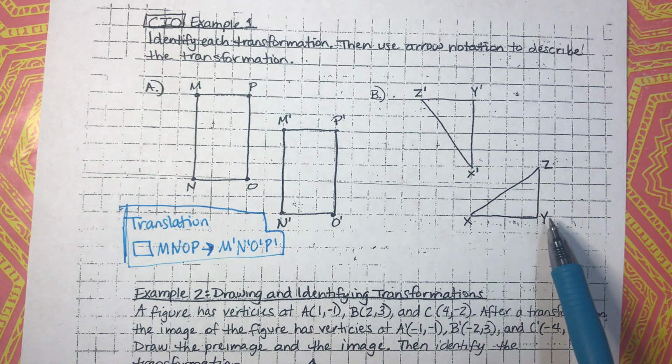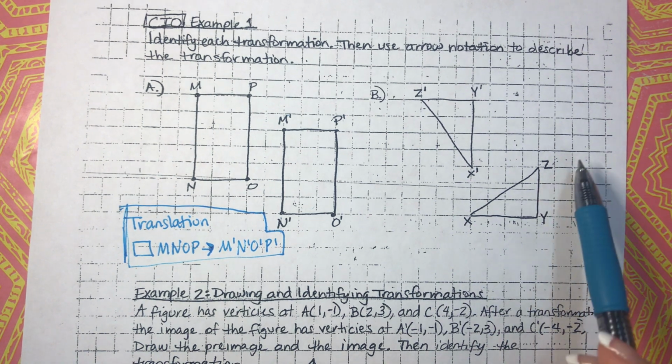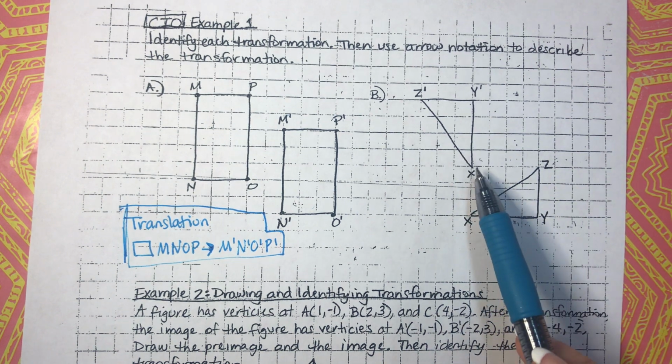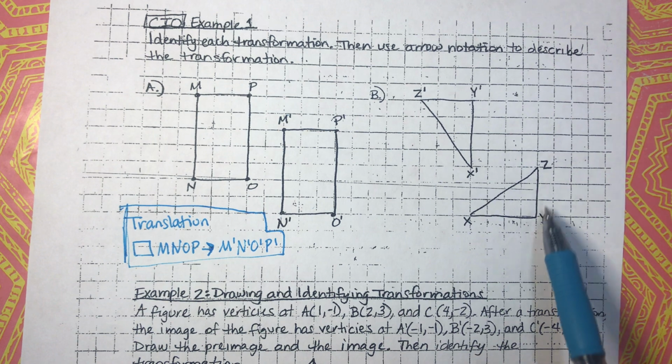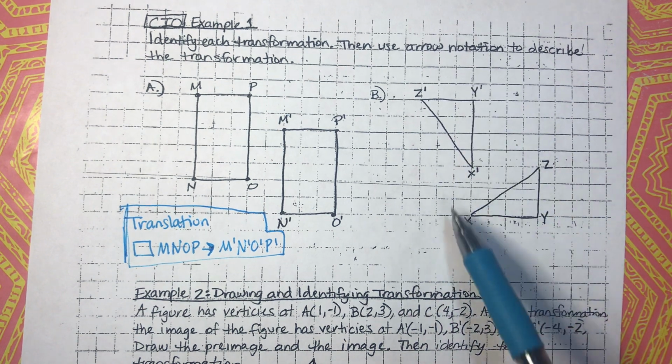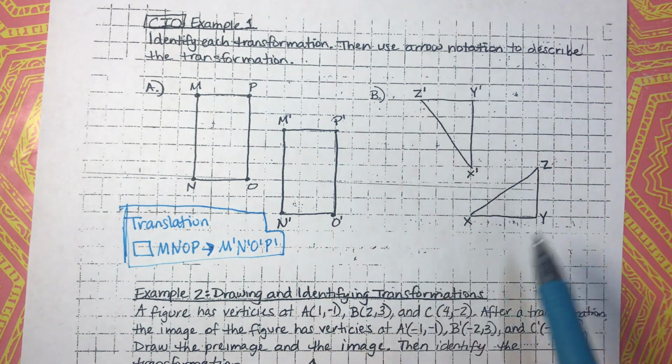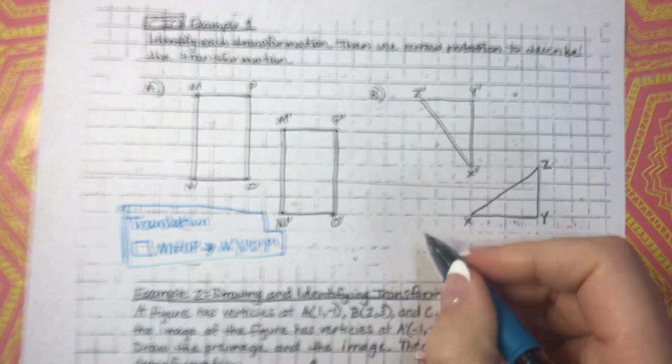We're starting here, X, Y, Z, and it's transforming over here. So X is here and X prime's here, Y is here, and then Y prime's over there. So it doesn't look like it's being reflected, and it doesn't look like it's being translated. So this is definitely a rotation.